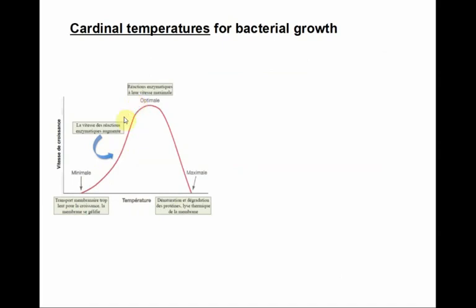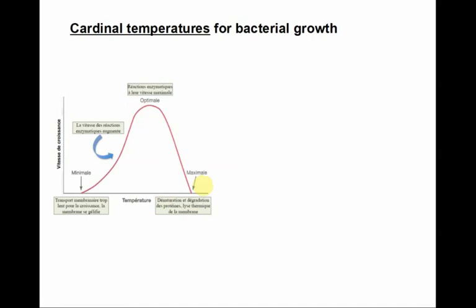If you carry on increasing the temperature, growth rates decline again because proteins start to denature and membranes become too fluid and won't function correctly. Finally, bacteria will be killed by this extra heat so they don't grow at all.